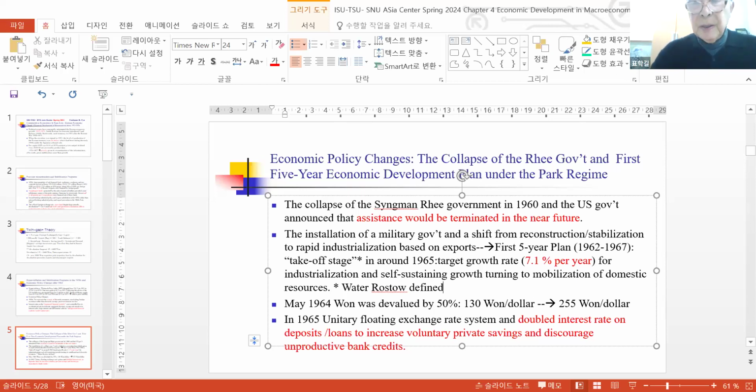What it means is that a certain economy moves from the pre-takeoff stage, the traditional stage.